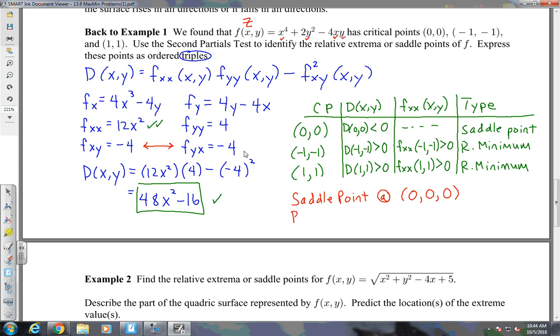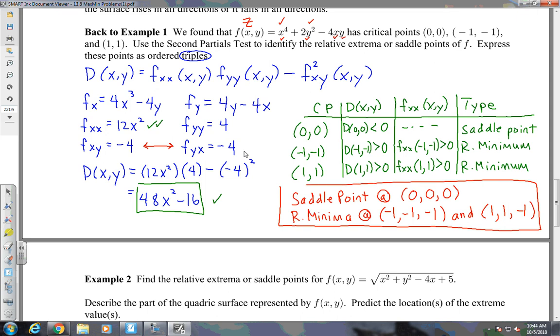We found 2 relative minima at negative 1, negative 1. Again, if I plug x equals negative 1, y equals negative 1 back into the function, we would discover z is also negative 1. And our other critical point was 1, 1. If we plug x equals 1, y equals 1, the z value there is also negative 1. Okay? So we have a saddle point at the origin, and relative minima at those 2 ordered triples.